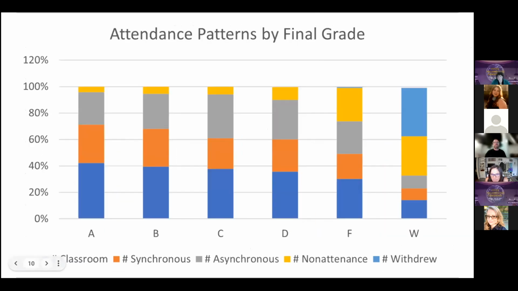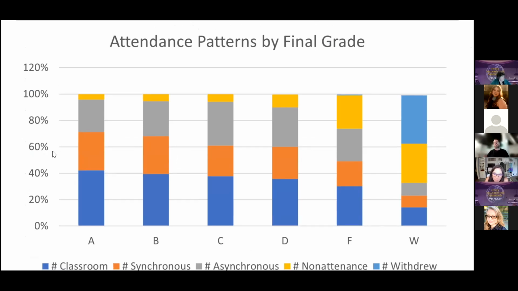If we look at the grade patterns, we broke out what the grades were based on their mode of attendance. If you look at the colors, the same colors were present as in the last schematic. We also did a linear regression to determine whether or not their attendance pattern dictated what type of grade they received in the class, and it didn't matter.